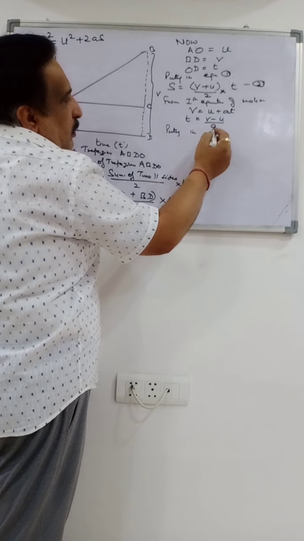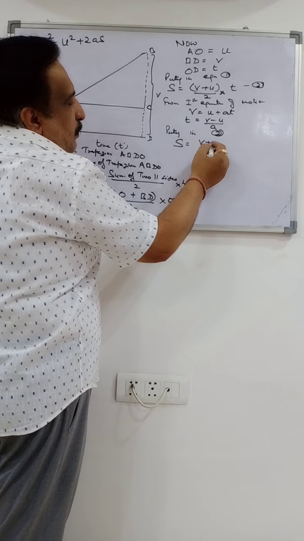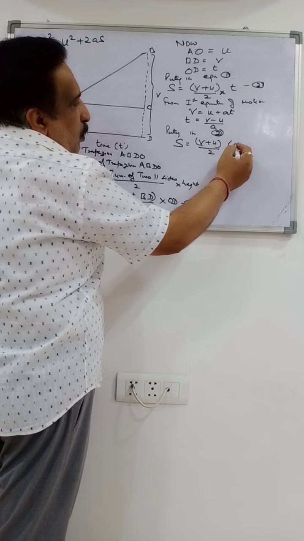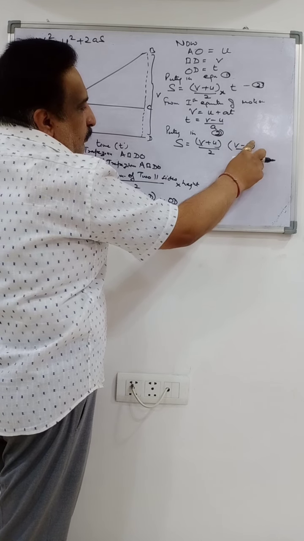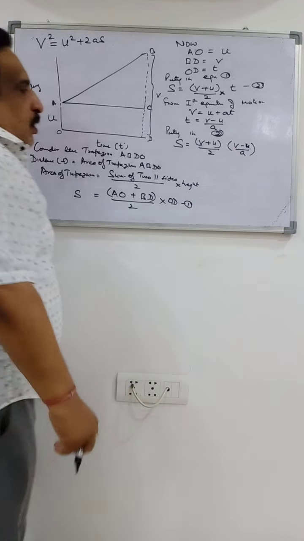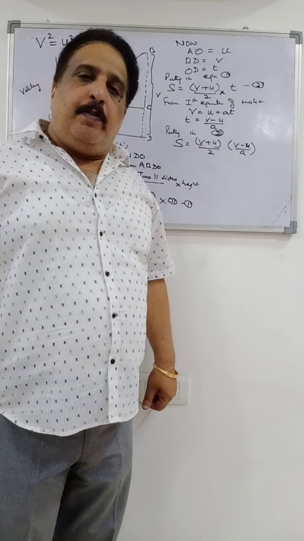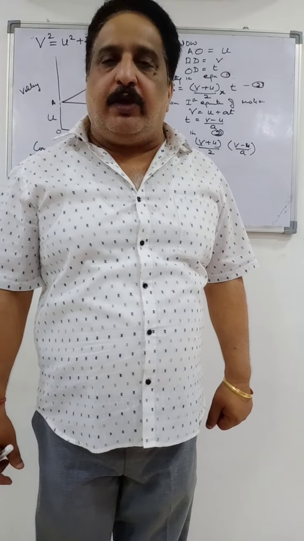Putting in equation 2. So what will be S equal to V plus U upon 2 into V minus U upon A. What is A plus B into A minus B? A plus B into A minus B is A square minus B square.